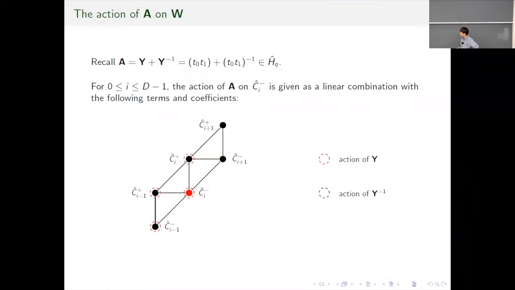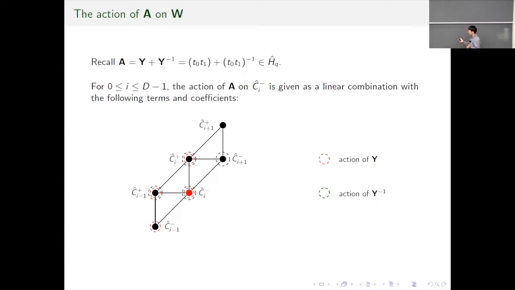Then, as we discussed, the red circle represents the action of Y. We saw the 4-term linear combination of these characteristic vectors. And now we also discussed the action of Y inverse, that also is a linear combination of 4 terms. The red circle represents the action of Y, and the green circle represents the action of Y inverse. So their sum, that is A, gives us a linear combination of 5 terms.